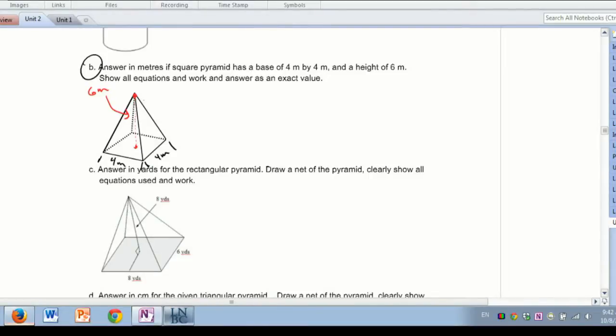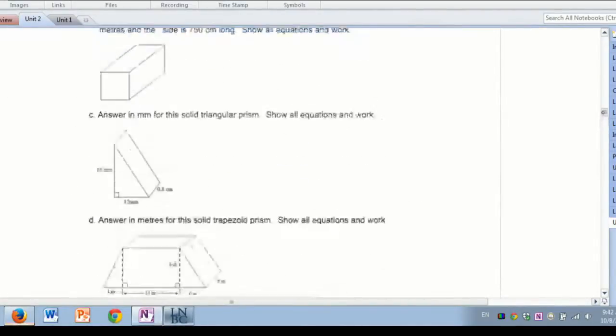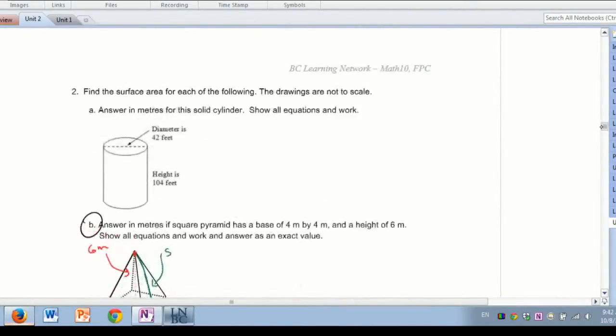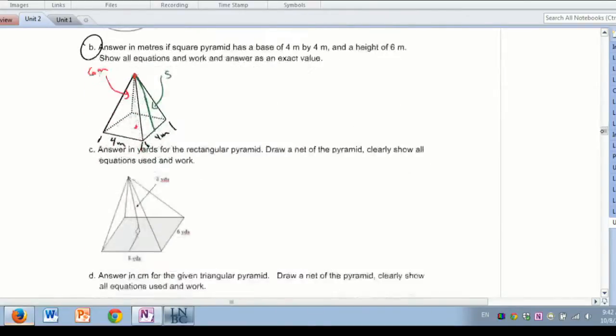The thing that we're eventually going to have to find is the slant height. I'll call it S. I'm just going to make sure we're finding surface area, not volume here. Find the surface area for each of the following. Okay, I'm on the right track. All right, so surface area, this is a square base pyramid.